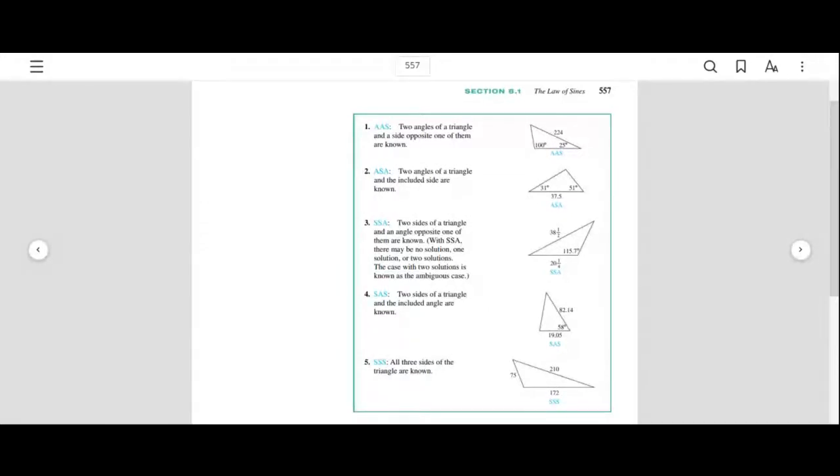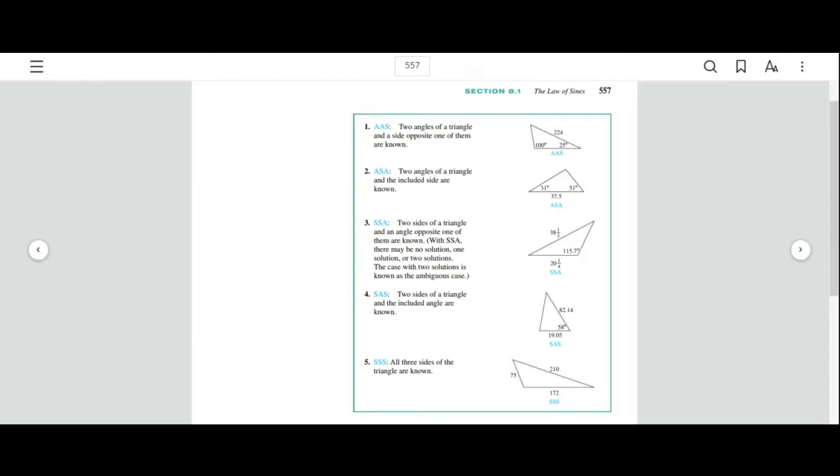So you can see these are the 5 triangles we've got, and I mentioned that the top 3 are the configurations that we might use law of sines on. If we have angle, angle, side, that's a good one for law of sines. Angle, side, angle is also good. And then we've got side, side, angle.